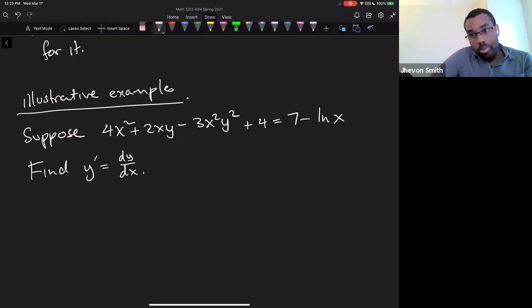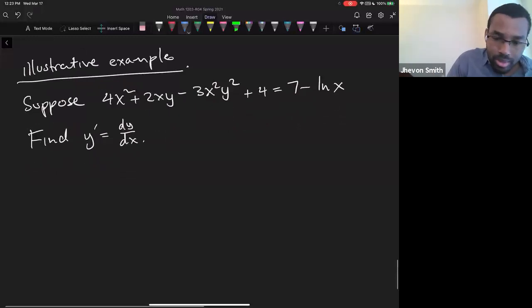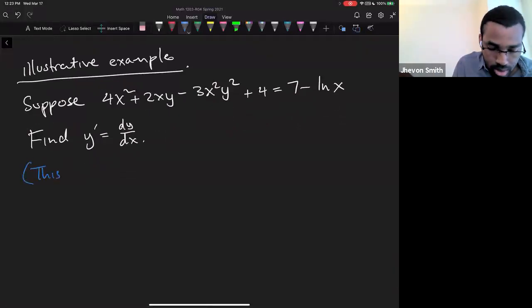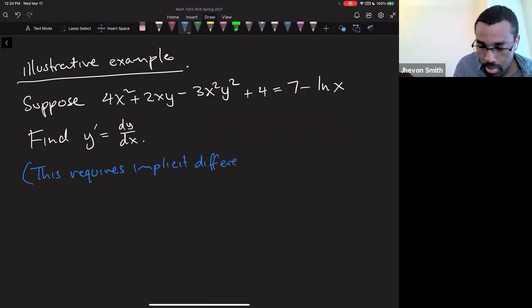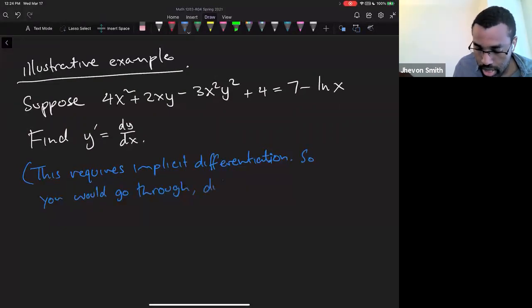This requires implicit differentiation. Intuitively, all this means is you just go through and you differentiate as you normally would. The only difference is whenever you differentiate a y term, you multiply by y prime. So you would go through, differentiate as usual.